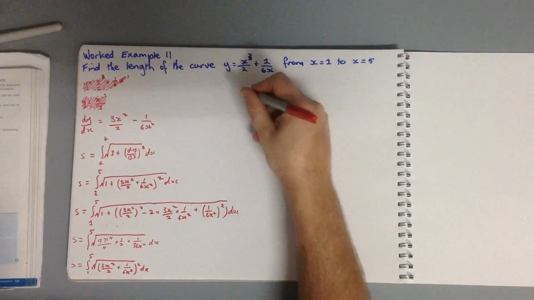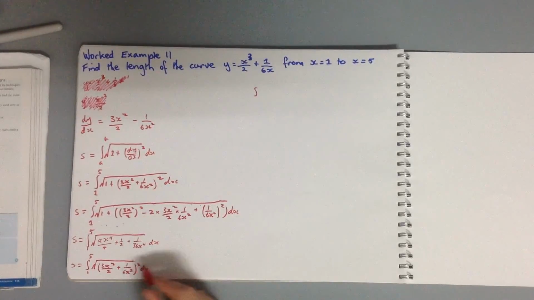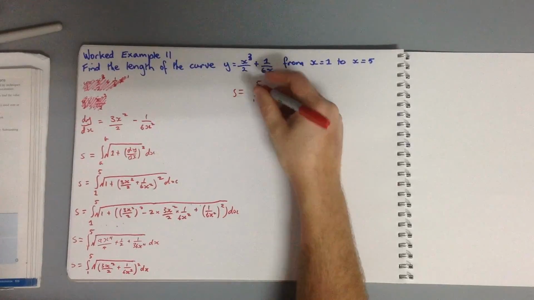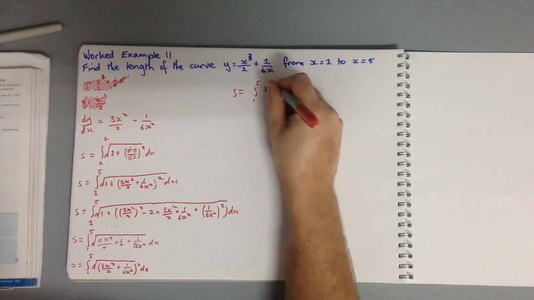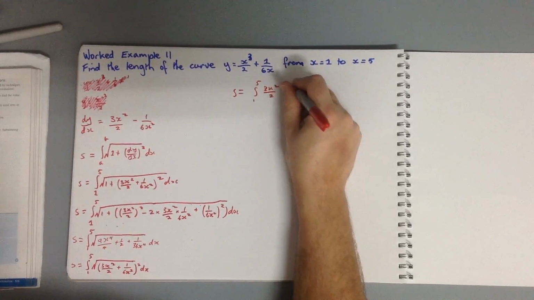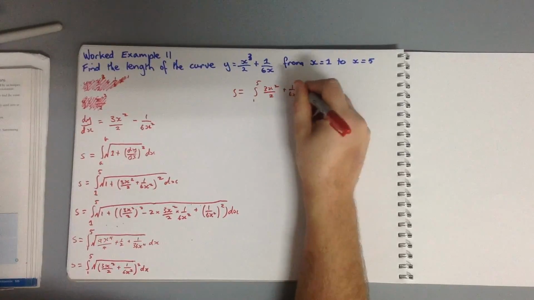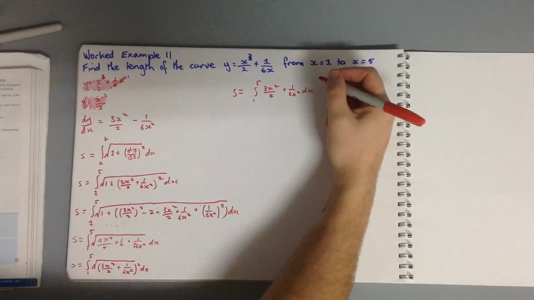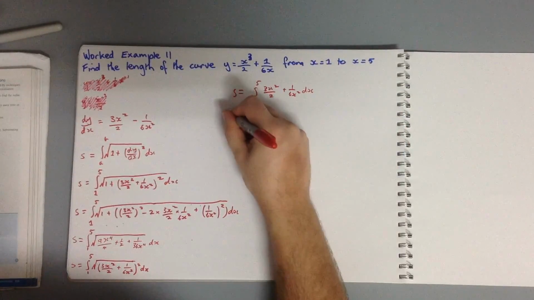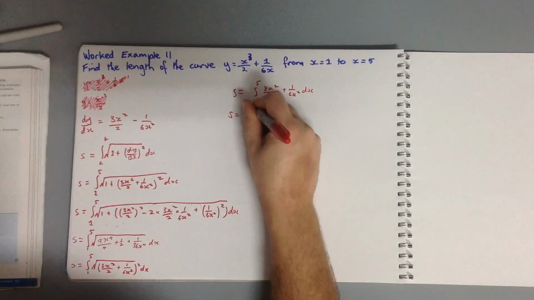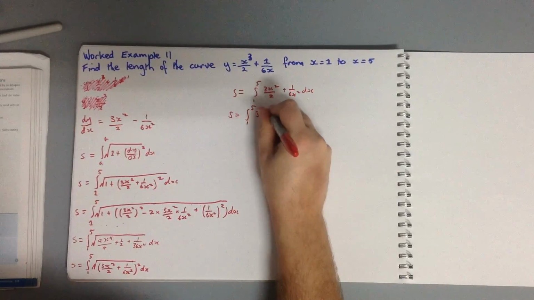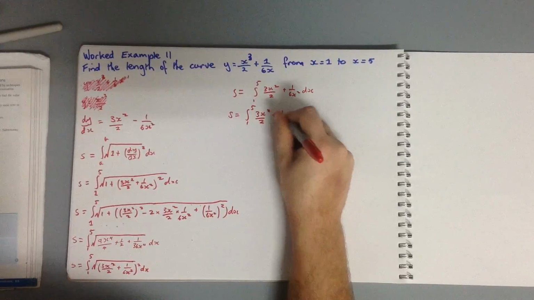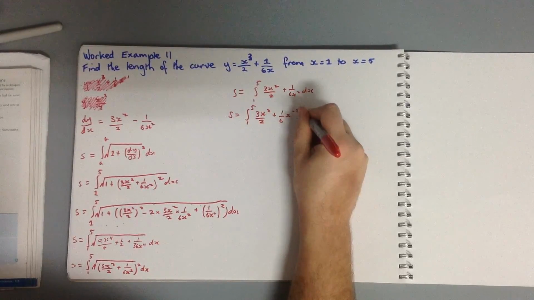Okay, well our square root and our squared will cancel out, so we're now saying s is our integral from 1 to 5 of 3x squared on 2 plus 1 on 6x squared dx. Okay, so again we can think of this as s equals our integral from 1 to 5 of 3x squared on 2 plus 1 on 6 x to the negative 2 dx.